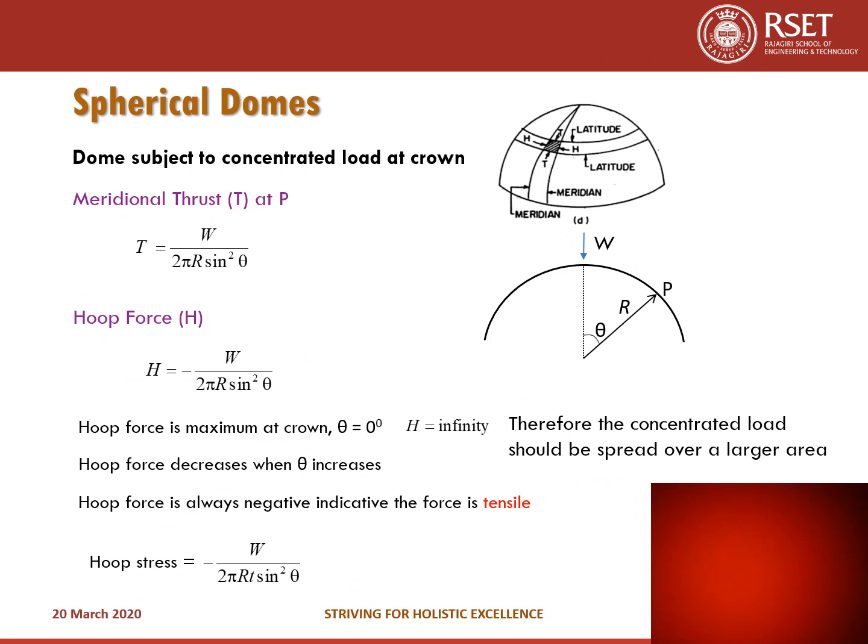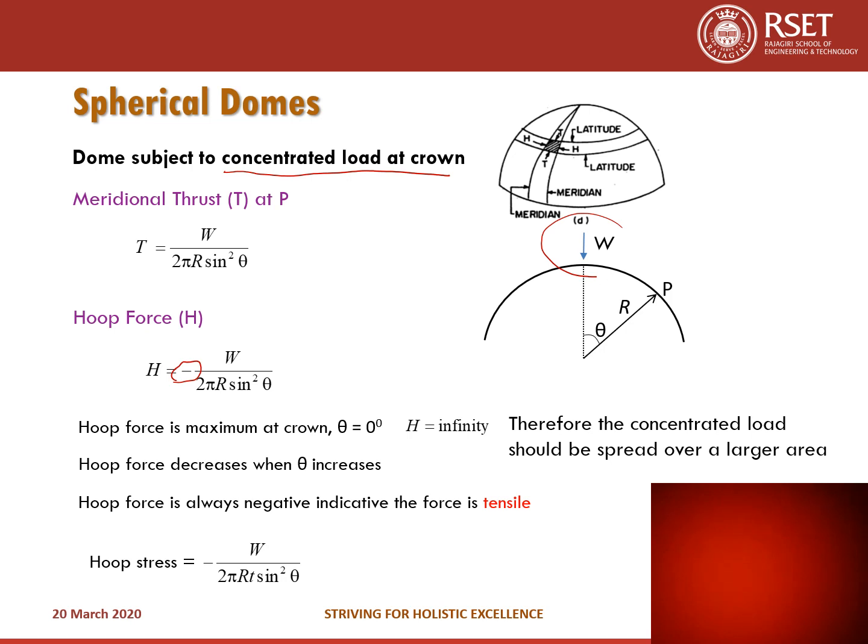The next case is when the dome is subject to a concentrated load W at the crown. In this case, the expression for meridional thrust is T = W/(2 pi r sin²theta). The hoop force will be minus W/(2 pi r sin²theta). This minus indicates that the hoop force is tensile throughout. That means wherever you go, there will be a tensile hoop stress.